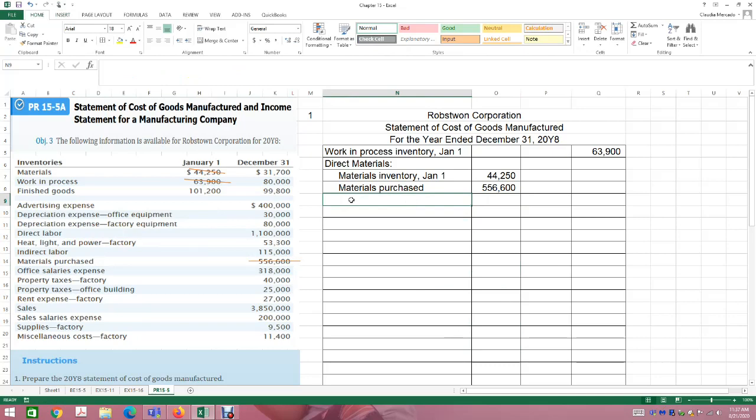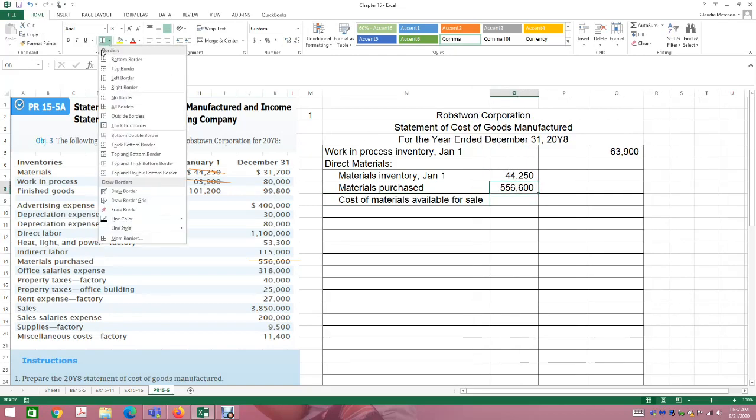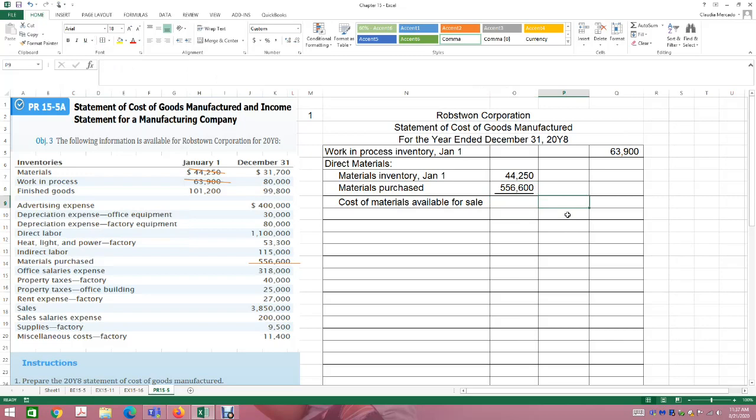So now I can calculate my cost of materials available for sale. We're going to add those two numbers together, and that's going to give us $600,850.